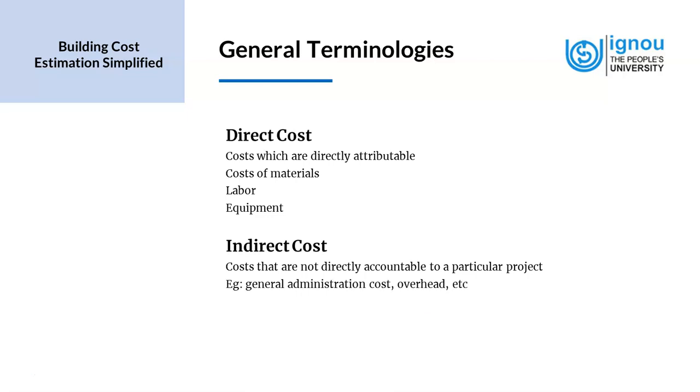The general administration cost and the overhead charges all fall under the indirect cost. So the cost of running an office, and there would be other charges incurred in an office to run a project, for the quality team, etc. So these are also factored into the indirect costs.